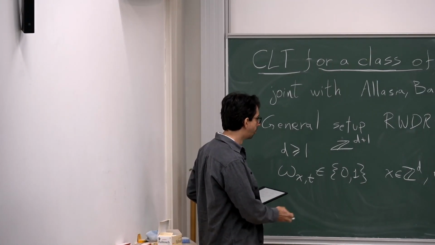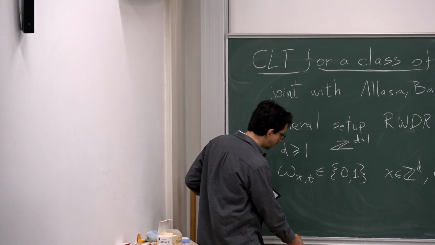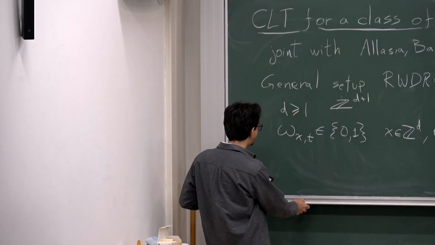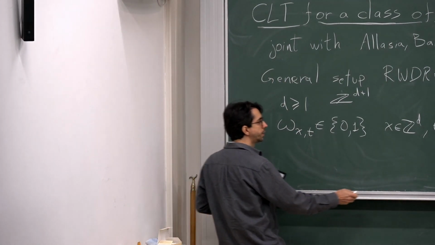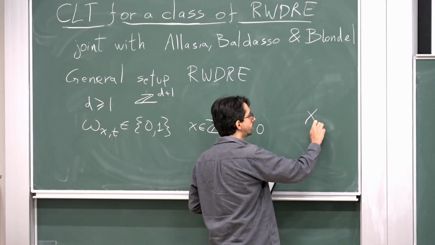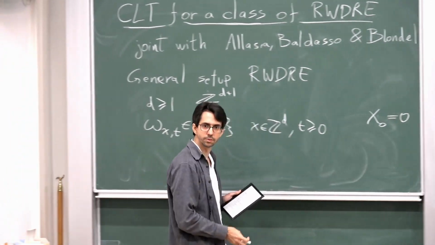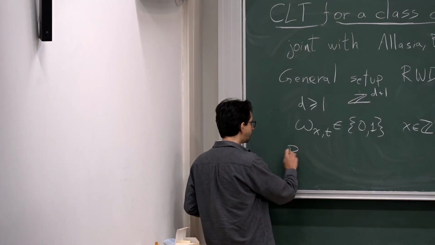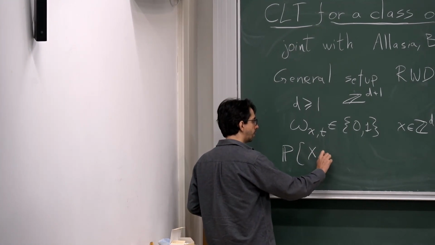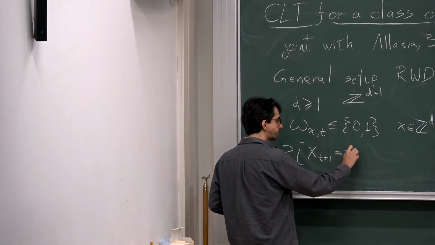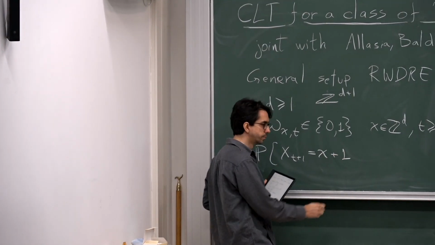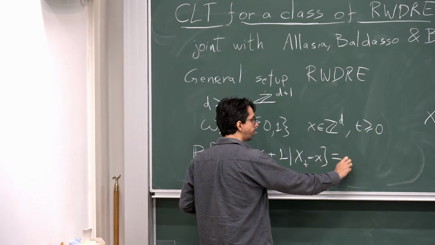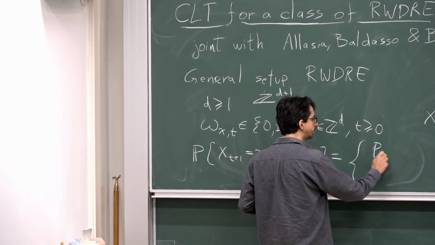And with this we can define our random walk. It's going to be at 0 almost surely at time 0, and it will jump to the right, given that it was at x before, with probability that depends on the environment.